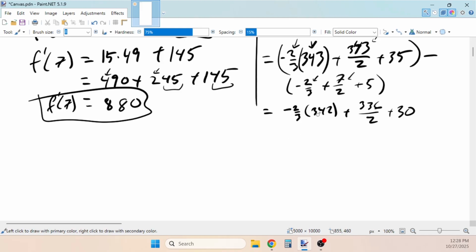Negative 2 goes into 300. 3 goes into 4, 1.